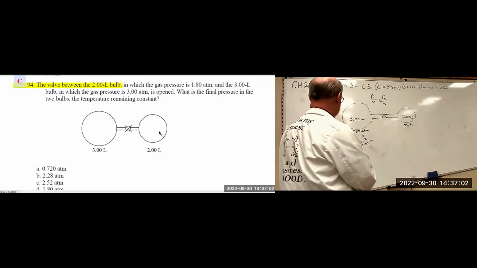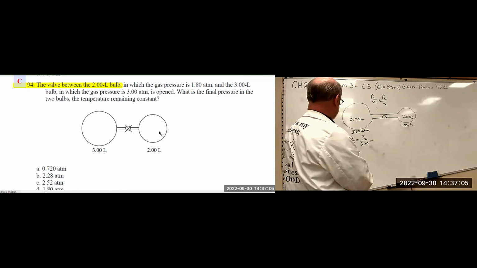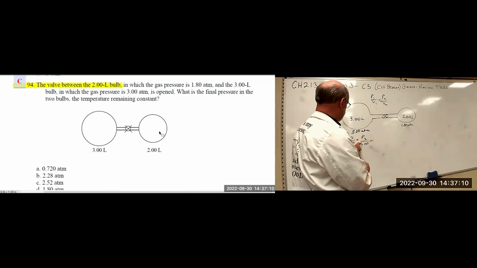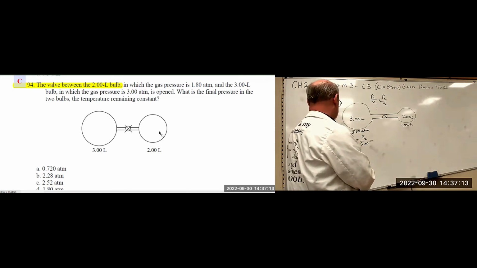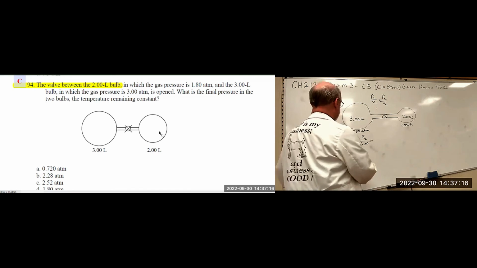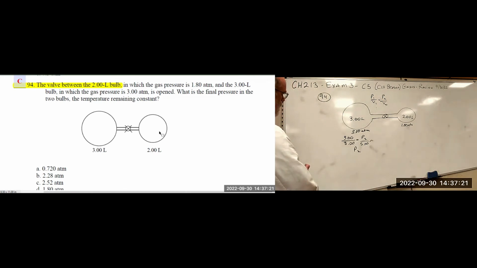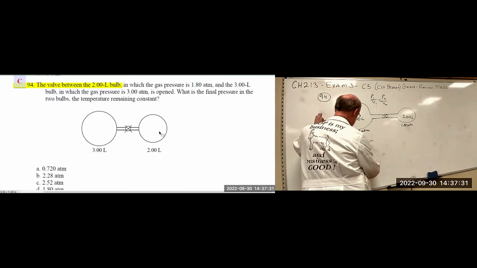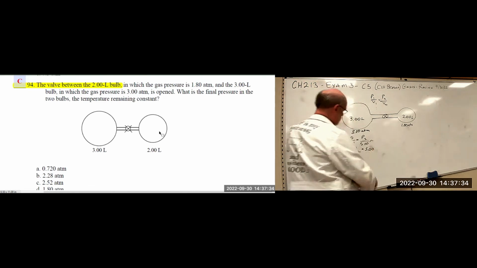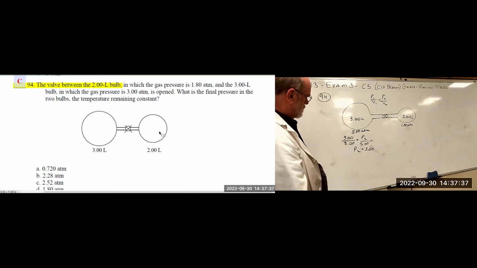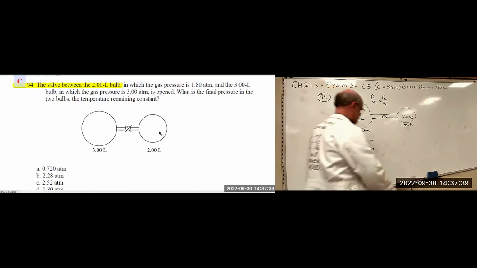Wait a minute, I did something wrong. Pressure, volume, pressure, volume. So 15 divided by 3 is 5? That doesn't seem right. No, it can't be right.